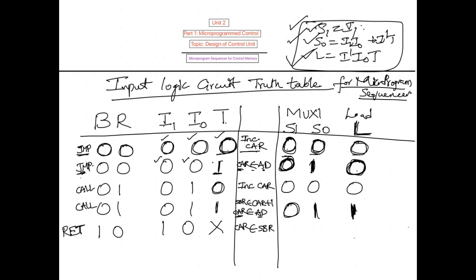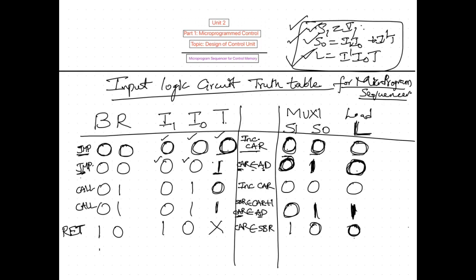Now this is line 2. Is there any requirement of the SBR register to accept the value? No, that's why 0, because the SBR register is sending, it is not accepting. If it is accepting, it is 1. If it is sending, it is 0.